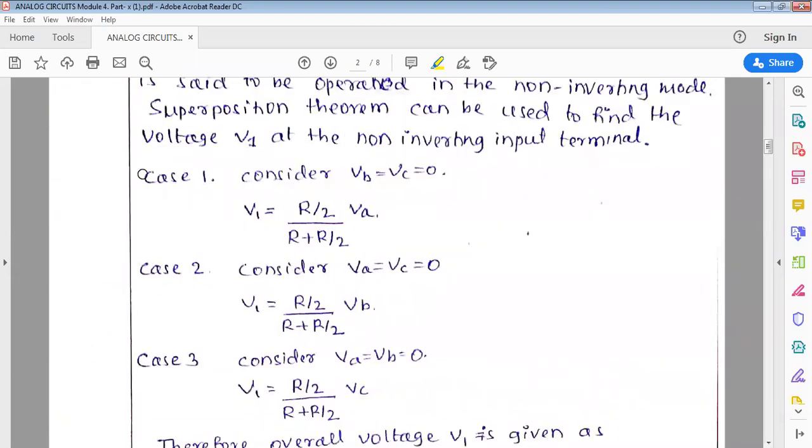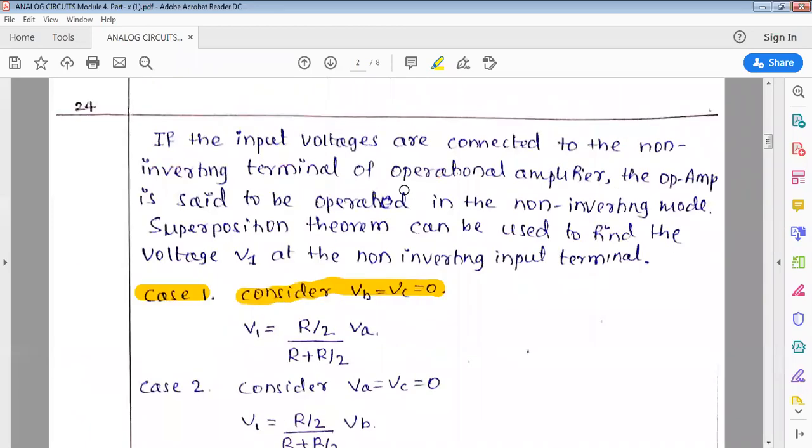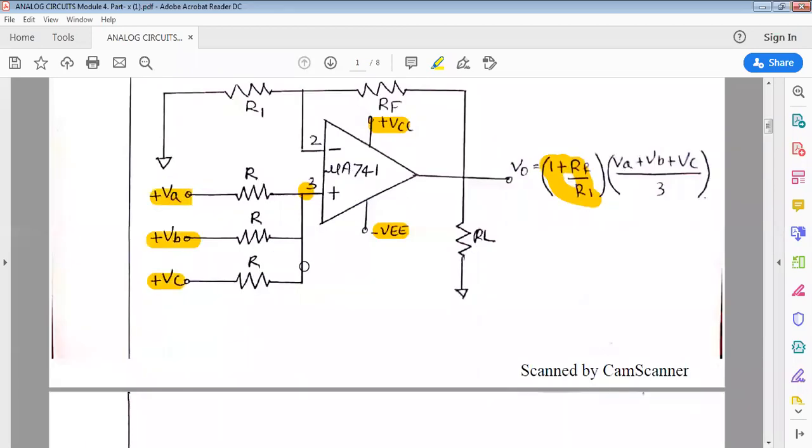First one, case 1. Here I consider VB and VC both as 0. So in this circuit, VB and VC are considered 0. Therefore, I am going to consider only one power supply, that is VA. So I am connecting these 2 resistances to ground.